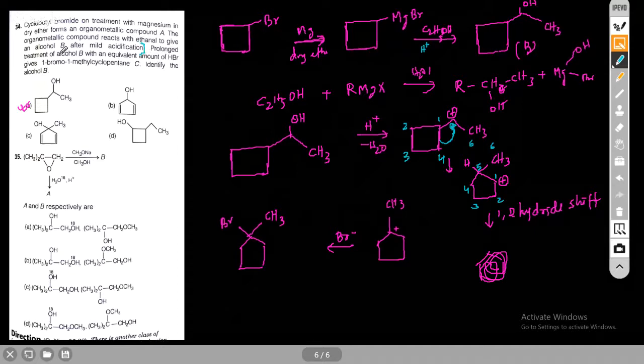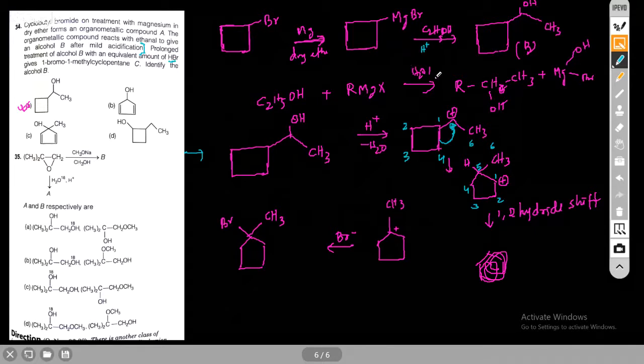After prolonged treatment of alcohol B with an equivalent amount of HBr, now this HBr will give H plus. So after this we have this reaction. This is understood. I thought, because we have done so many reactions on this in the class, whenever we have a reaction of RMgX, we are using this H plus over here. That is what mild acidification means. So OH will not go there.